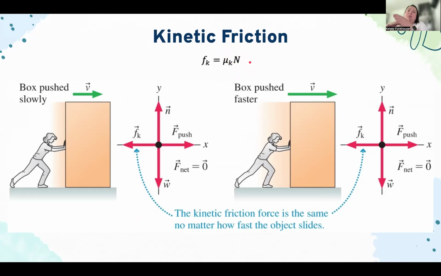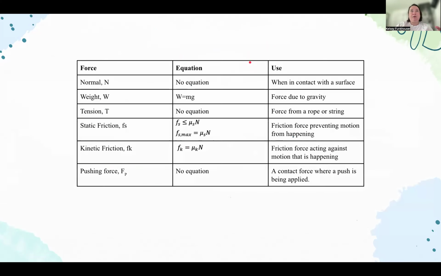So it's harder to get something moving than it is to stop it from moving. And that also shows up in that the coefficients of static friction are bigger than the coefficients of kinetic friction for the same objects.